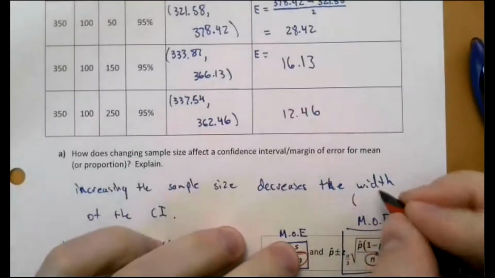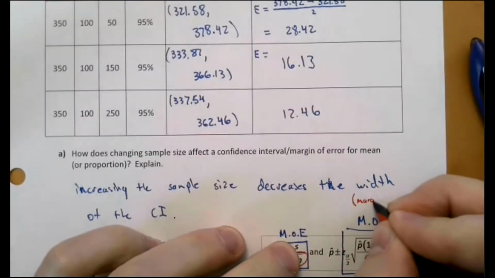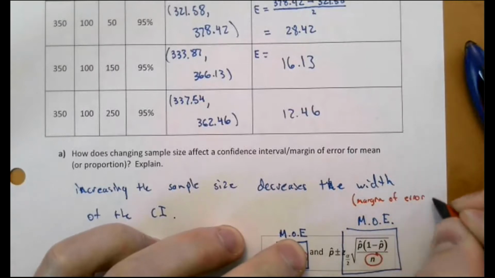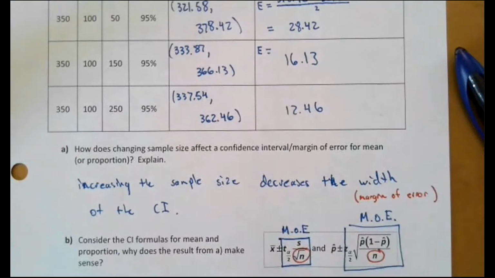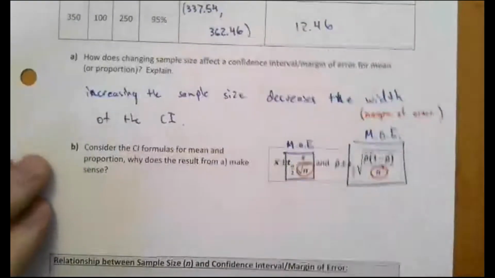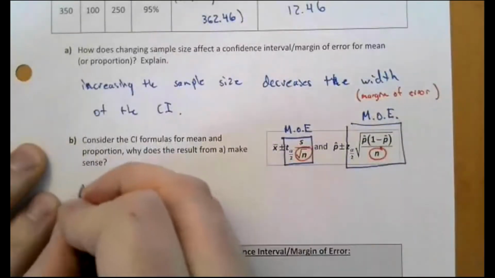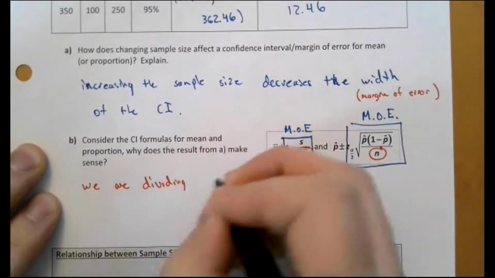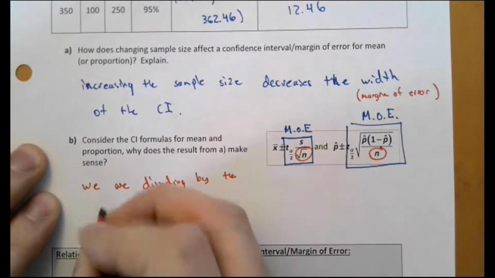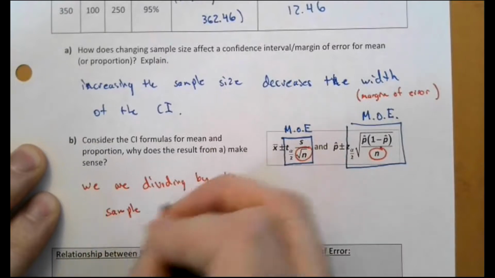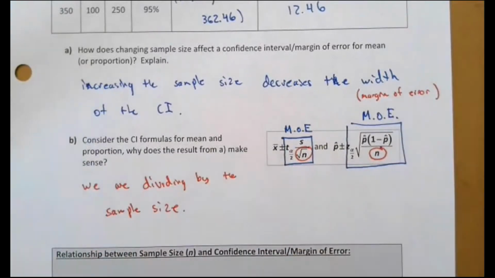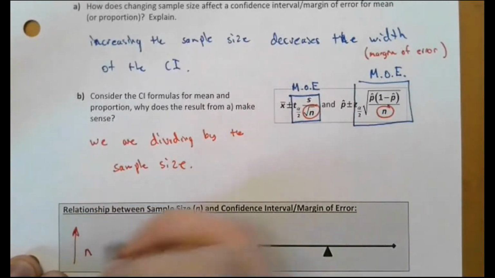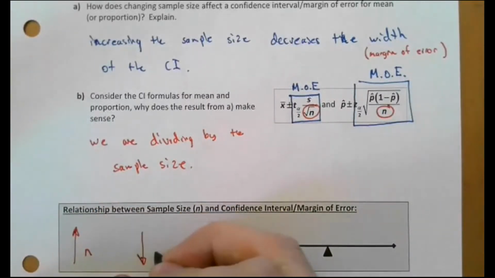We should put in here also the margin of error. The two are intimately connected. They're essentially the same thing, right? So why does it make sense? We are dividing by the sample size. So here's the relationship. Increase in N decreases the CI.